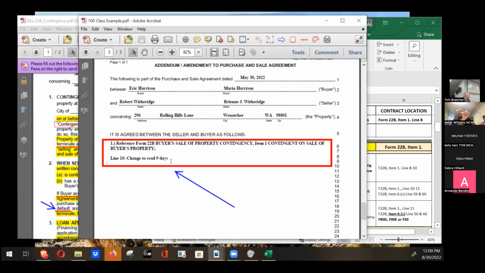So rather than scratching through, which we're not supposed to do, you can do that. It's just as far as being professional and going to the standards of an attorney, using the proper form and doing it the proper way keeps your contract clean, and it's easier and less confusing. But you can change that 5 days.